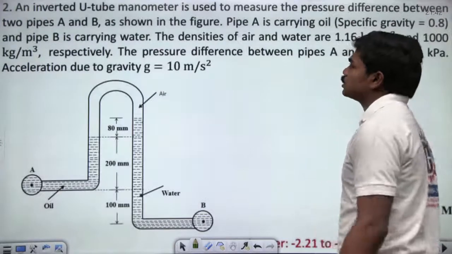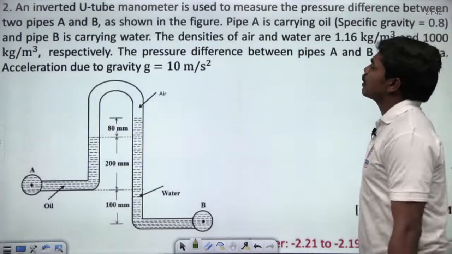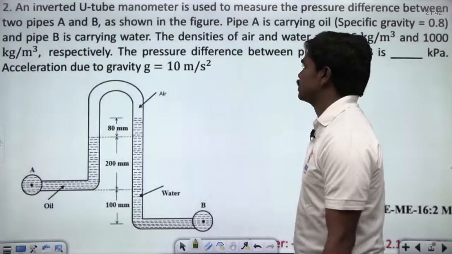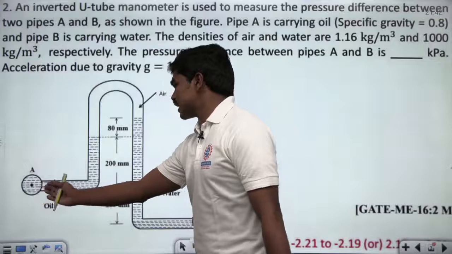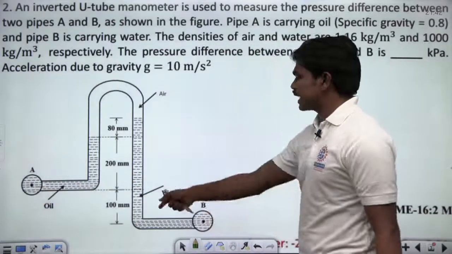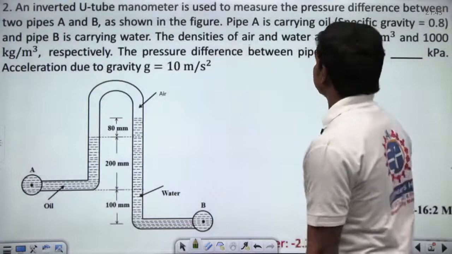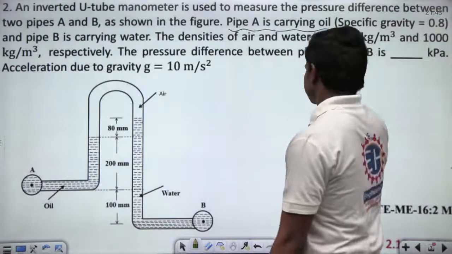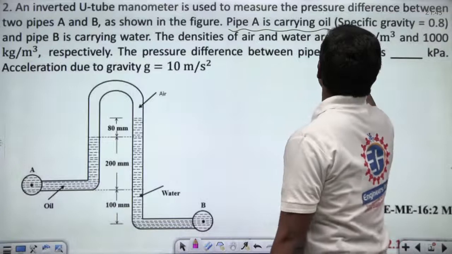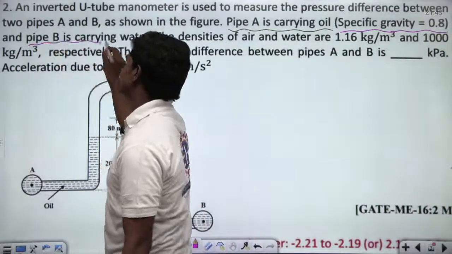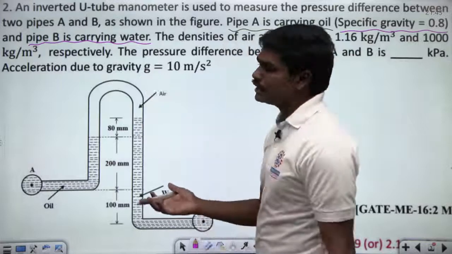Okay, so this is the next question. An inverted U-tube manometer is used to measure the pressure difference between two pipes A and B as shown in the figure. One pipe is carrying oil and another pipe is carrying water, and both are connected to this inverted U-tube manometer. Pipe A is carrying oil whose specific gravity is 0.8, and pipe B is carrying water, so specific gravity is 1, because we generally measure it with respect to water.